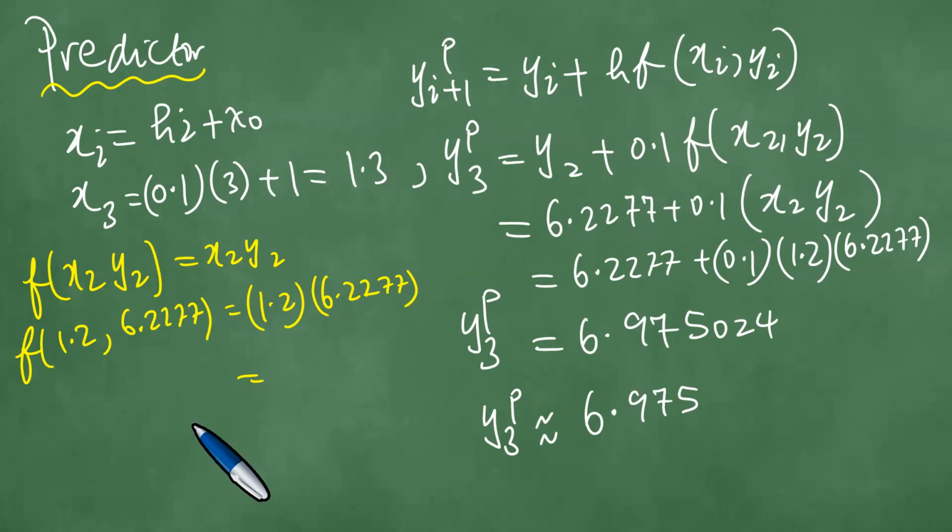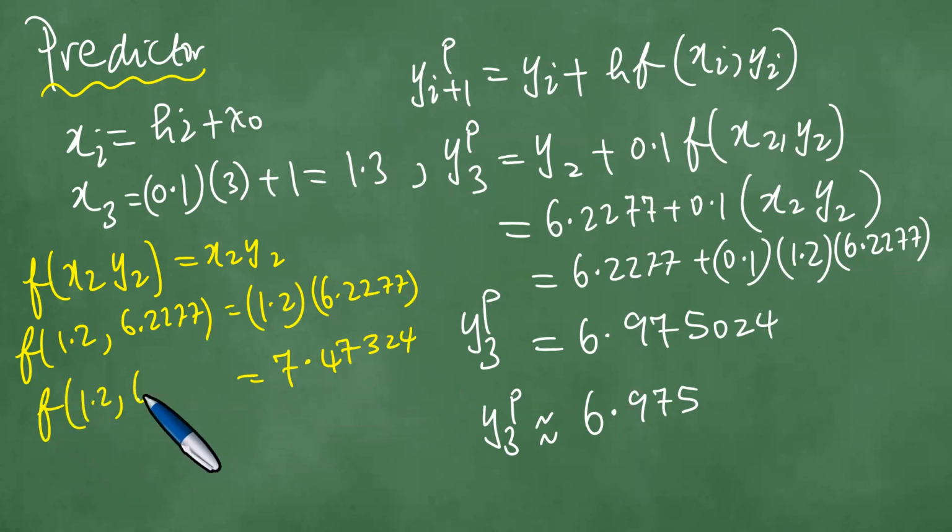One point two times 6.2277. Well done. Correct answer. So this one is going to be 7.47324, which is f of 1.2, 6.2277.